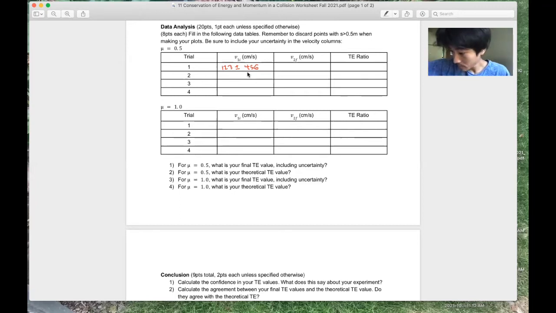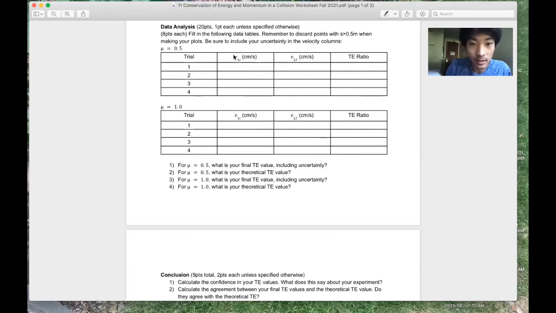Okay, so how do we actually calculate these V1I, V2F thingies? So again, these are referring to the velocities and the subscripts. So V1I refers to cart 1 initial.